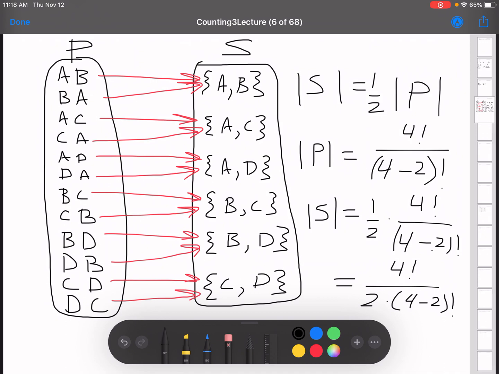That's the cardinality of S. That's how many things are in S. The number of things in P is the number of permutations of length 2 where you have 4 symbols to choose from. There's a formula for that. It's exactly that, 4 factorial over 4 minus 2 factorial. So the cardinality of S is 4 factorial over 2 times 4 minus 2 factorial.